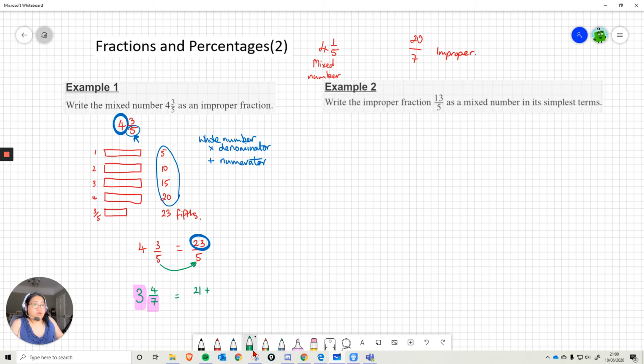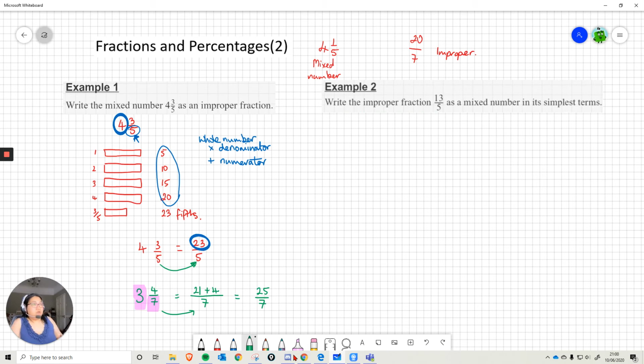Then I'm going to add my numerator on, which is 4, and that will be the top of my fraction. My denominator stays the same, so that's going to stay as 7. So my mixed number 3 and 4/7 will become 25/7. That's how we change a mixed number into an improper fraction.